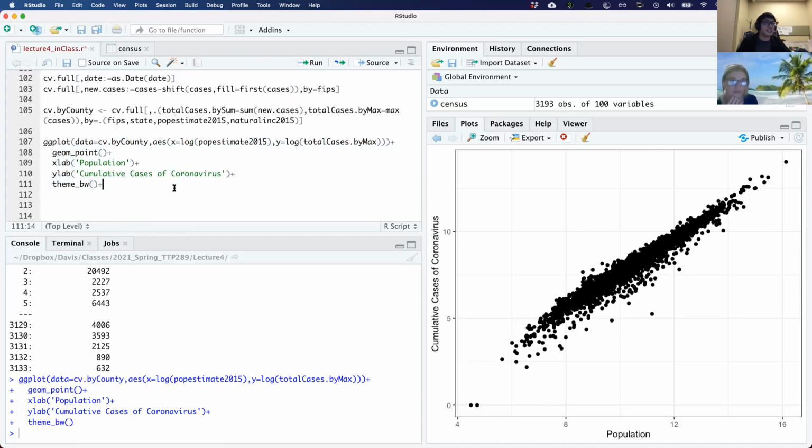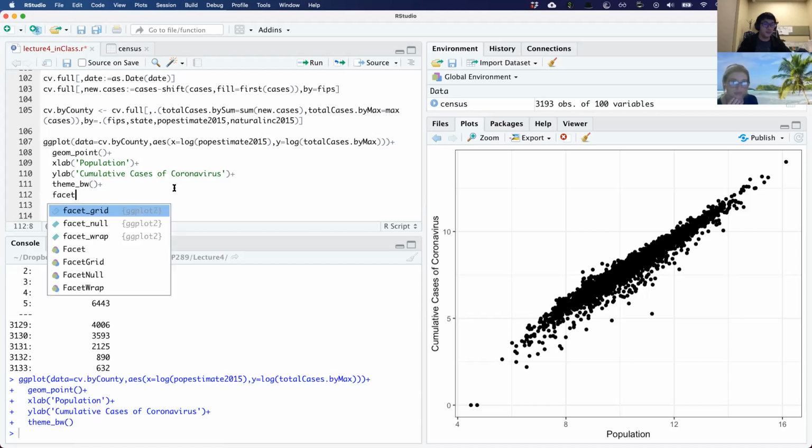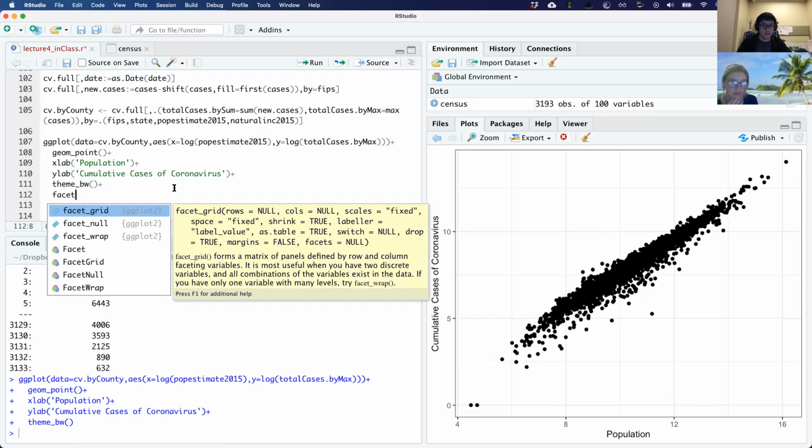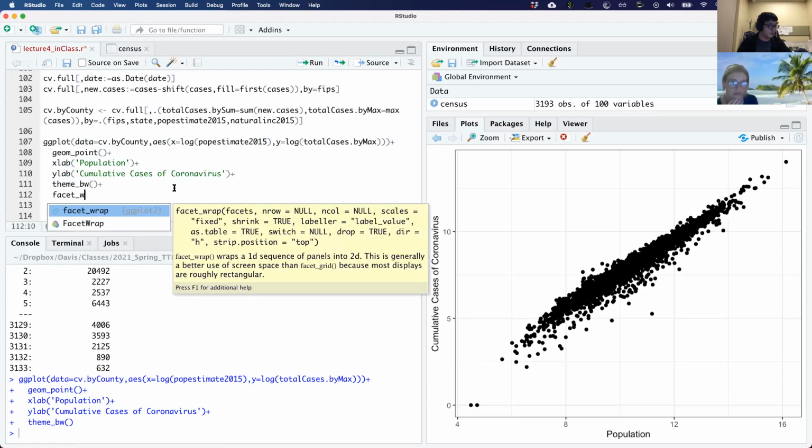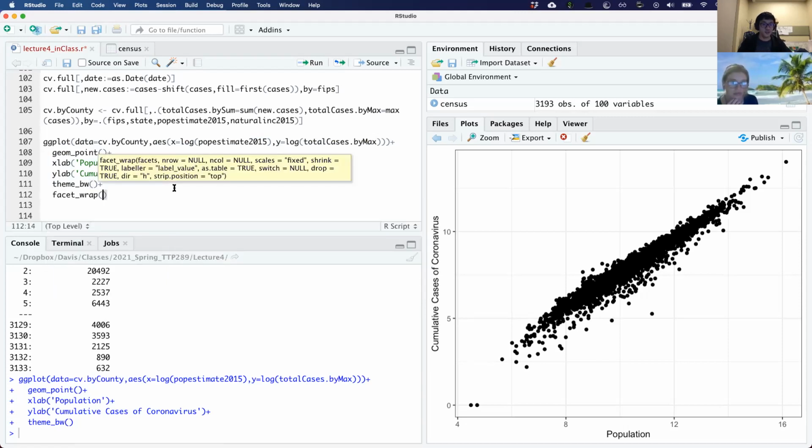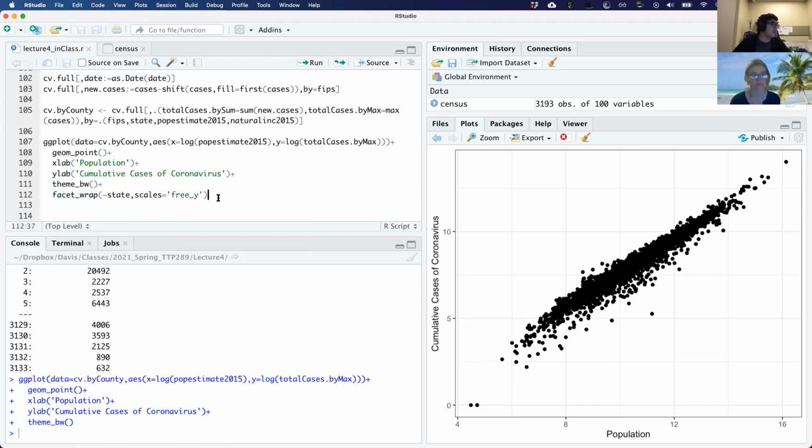And in fact, we could really easily break out what it would look like for each individual state. I'm going to show you how to do that here. You have this extra add-on, facet, which essentially is going to separate all of these out into groups by state.